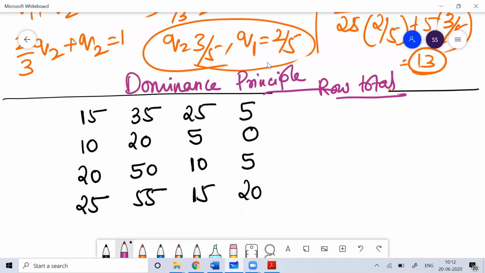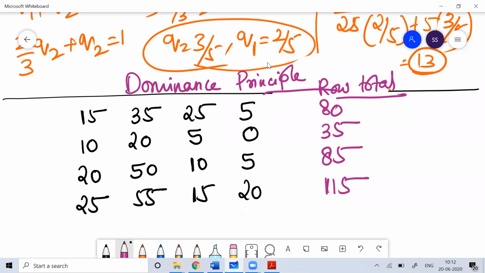So the row total here is 30 and 50, means 80. Then 30, 35. Then 70, 80, 85. Then 80, 100, 115.